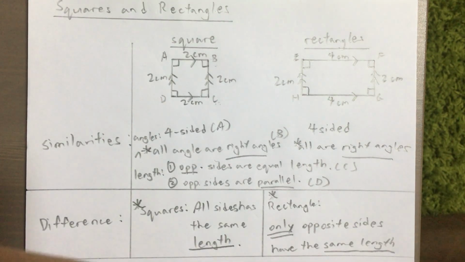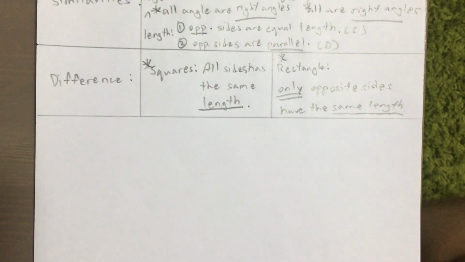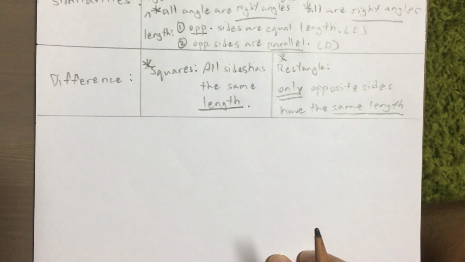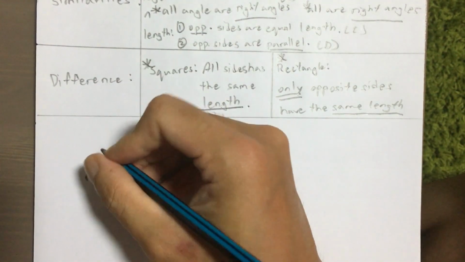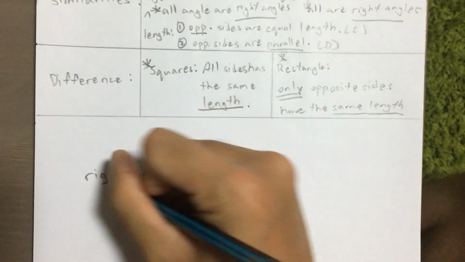Okay, knowing that, before we go on to the workbook and do some examples, one thing to note, because I have covered squares and rectangle before angles, there is something that you might find very hard to understand, especially when it comes to this thing called right angle. I'm going to write it down here, right angle. Right angle is not new to us.